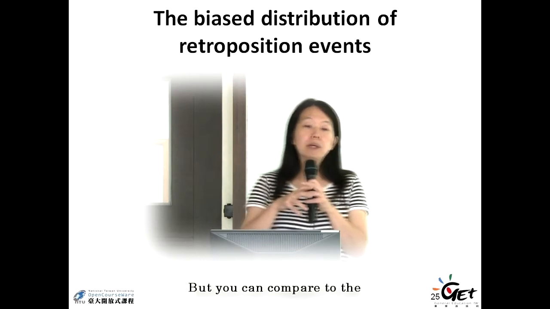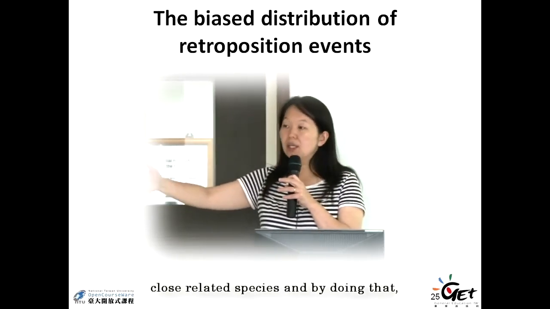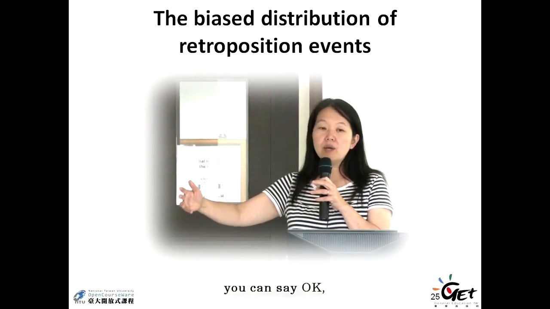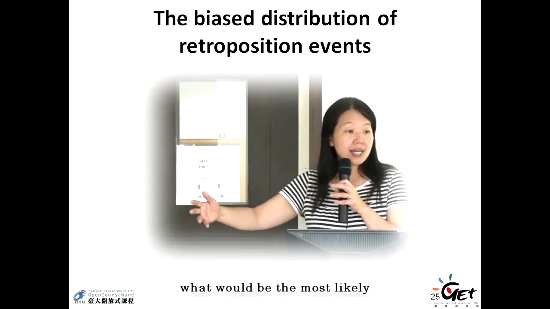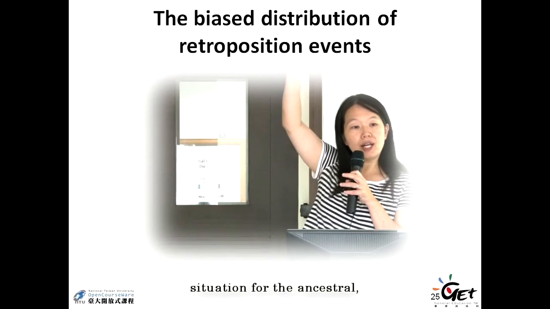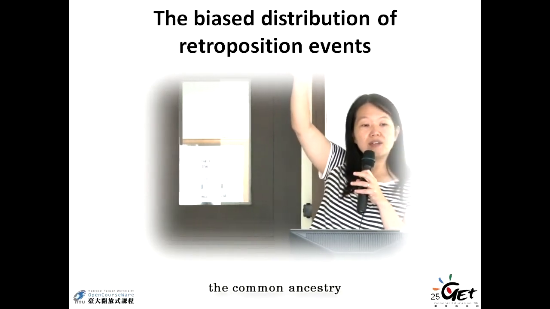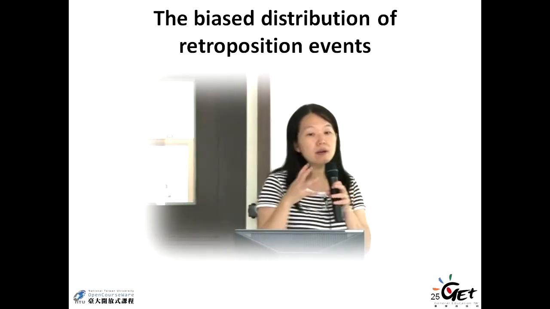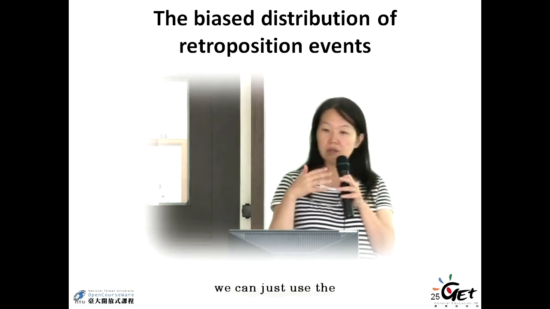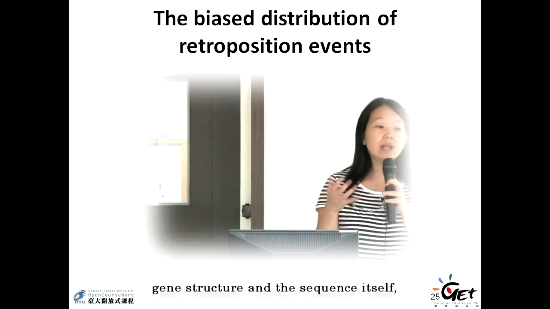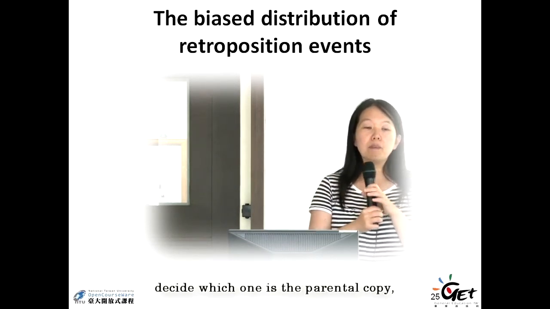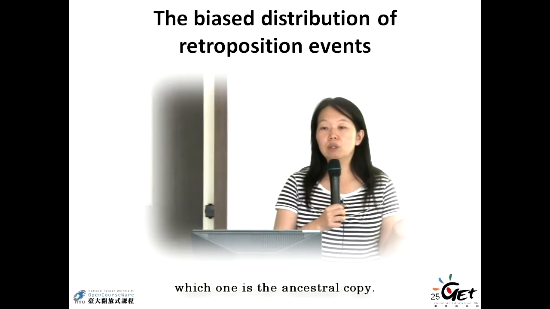But you can compare to closely related species, and say what would be the most likely situation for the common ancestor. That's comparative genomics. But here, we can just use the gene structure and the sequence itself to decide which one is the parental copy, which one is the ancestral copy.